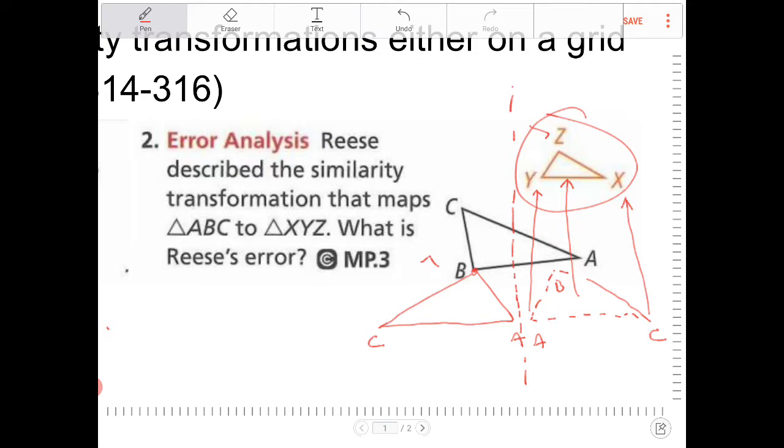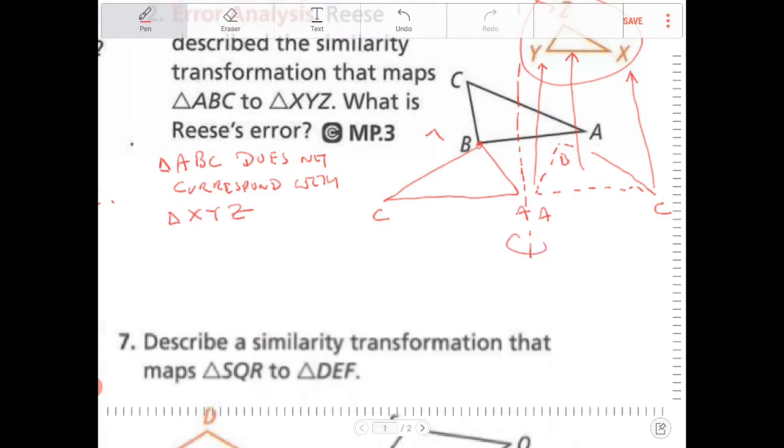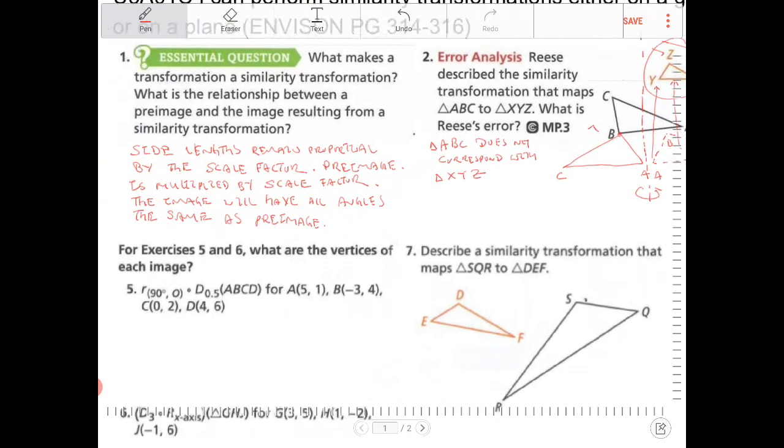So that's the error there. ABC does not correspond with XYZ. Actually, make that reflect. There you go.